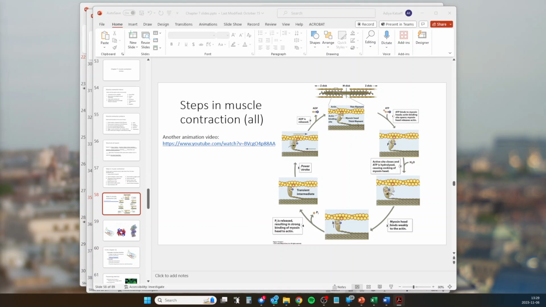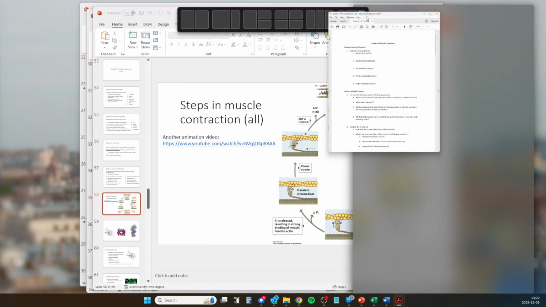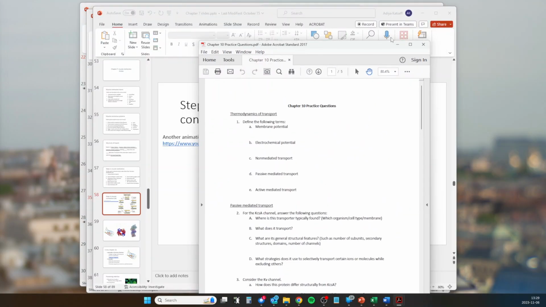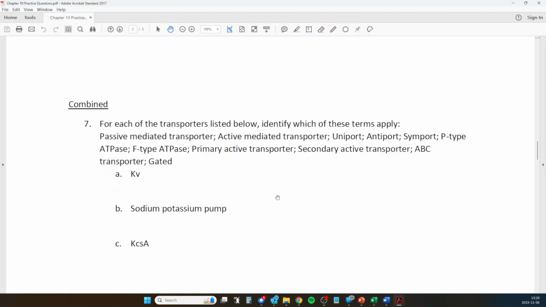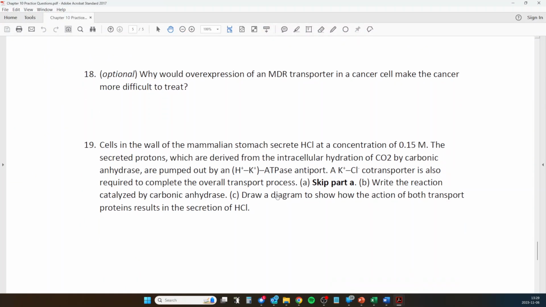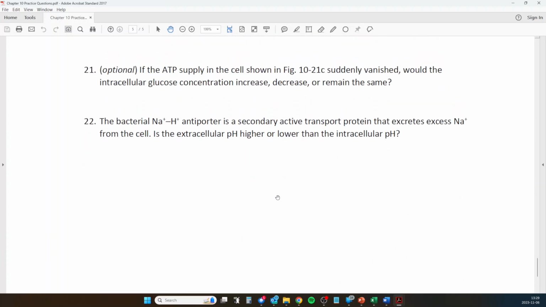I thought about trying to open everything and have it open, and then I figured my computer would probably crash if I did that, so I'm just opening them one at a time. All right, so here are the practice questions. And we're talking about the very last question. That's 22? Yeah. Okay.